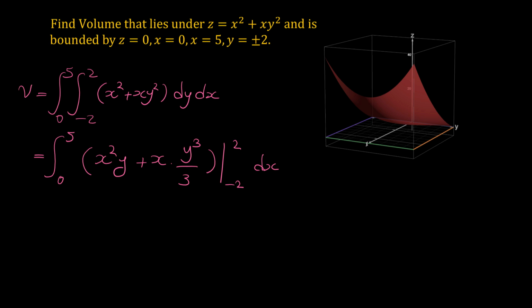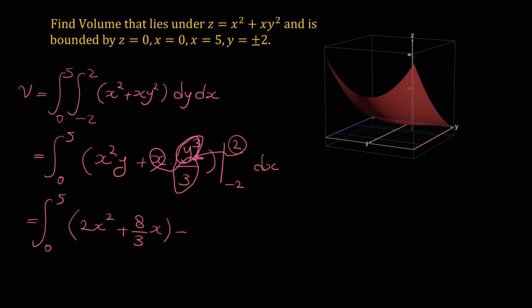Now we have to plug in 2 and -2, and subtract. We have the integral from 0 to 5. If we plug in 2, we have 2x squared. If we plug in 2 here, 2 cubed is 8, so 8 over 3 times x. Minus, now we plug in negative 2 for y. We have negative 2x squared, and if we plug in negative 2 here, we have negative 8 over 3 x.